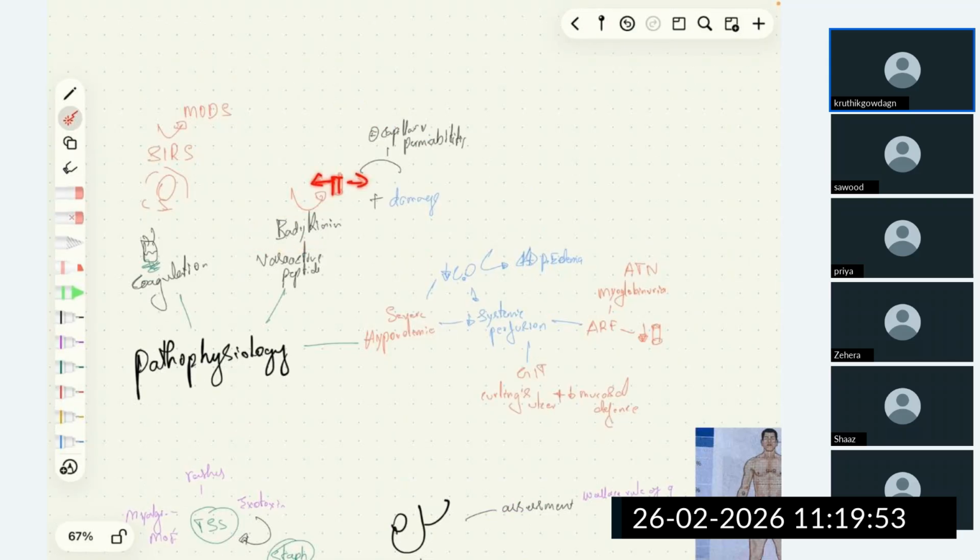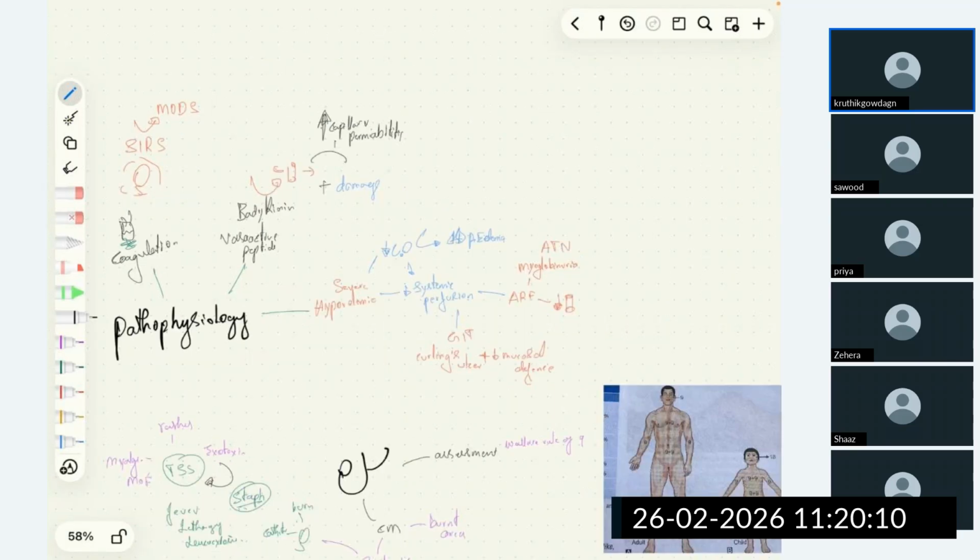This vasodilation, along with damage of capillaries, will result in increased capillary permeability and loss of plasma proteins and fluid to the external environment. This loss of plasma proteins and fluid will result in severe hypovolemia.